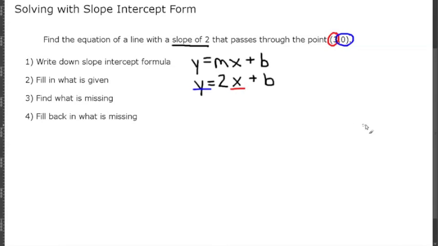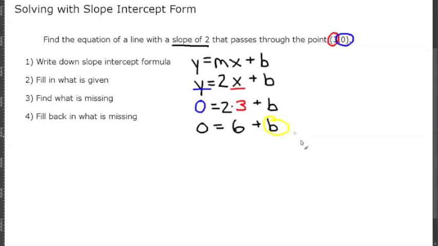So let's try that. Plugging in 0 for y, we're going to get that 0 equals 2 times our x, which is 3, plus b. So that's going to give us 0 equals 6 plus b.